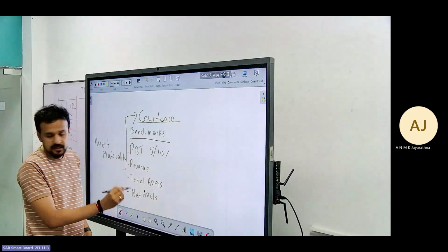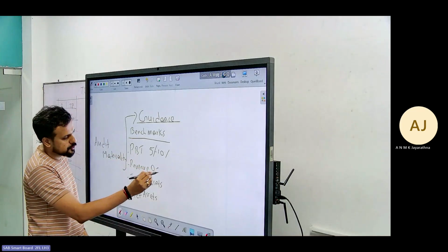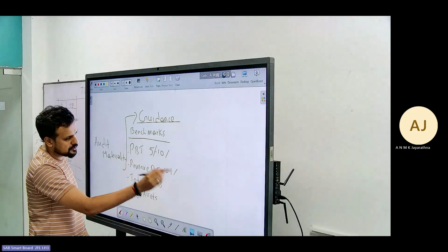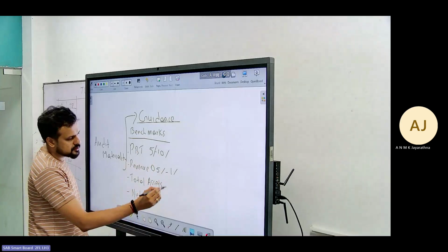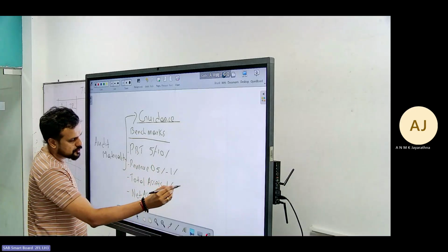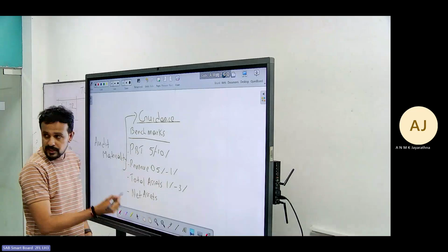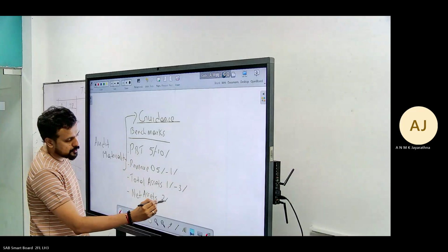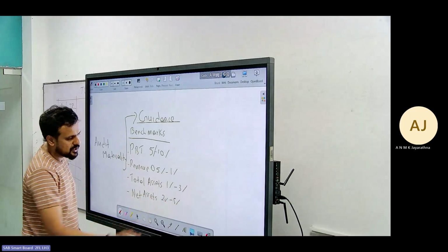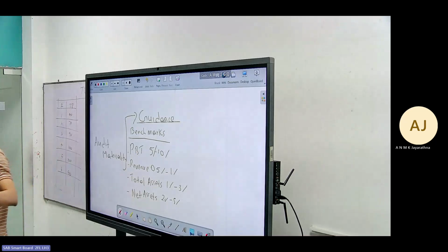If you take revenue as a base, 0.5 to 1%. If you take total assets, 1% to 3%. If you take net assets as a basis, 2 to 5%. Likewise, some ranges are given by the standard. So in between these ranges, you can pick 1%.